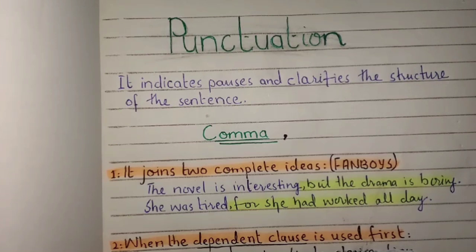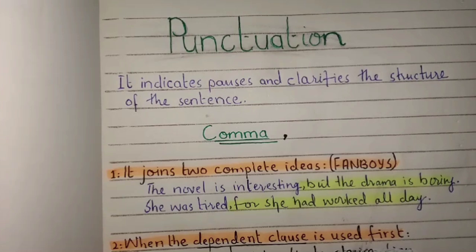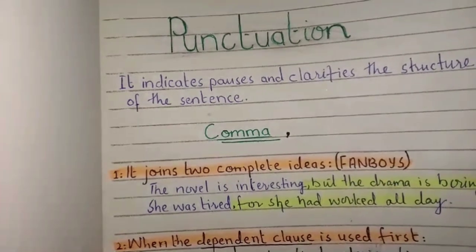Whichever action is performed first, we write that action in past perfect tense. Okay, then the next action which is performed just after, we have to write in past simple tense. Okay, for example, first she had worked obviously, and then now she is tired.